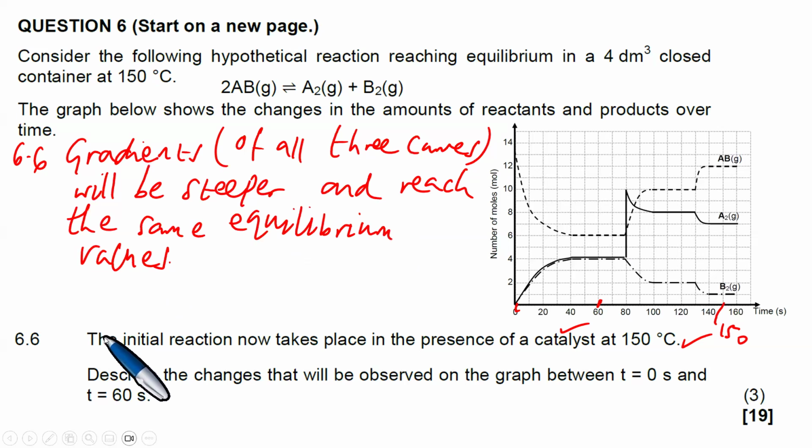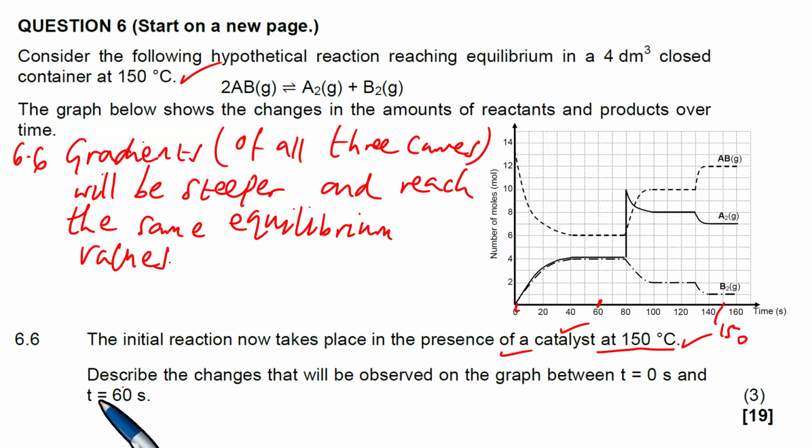In other words, the initial reaction now takes place in the presence of a catalyst at 150. The temperature was initially 150, but what has changed now is just that it is in the presence of a catalyst.